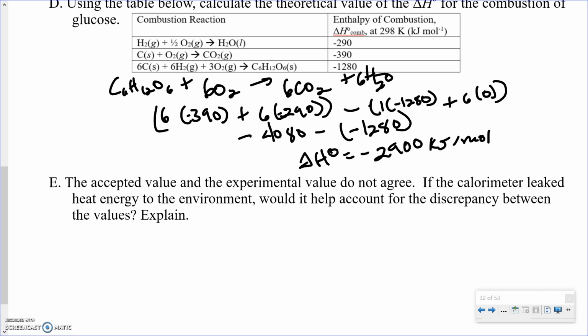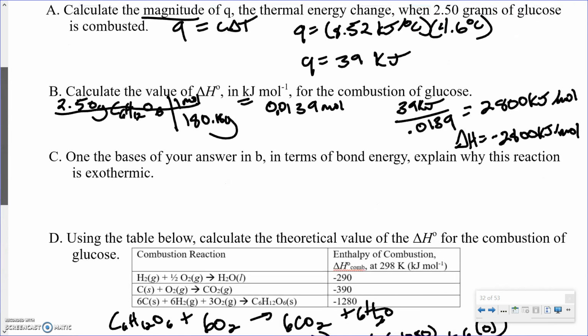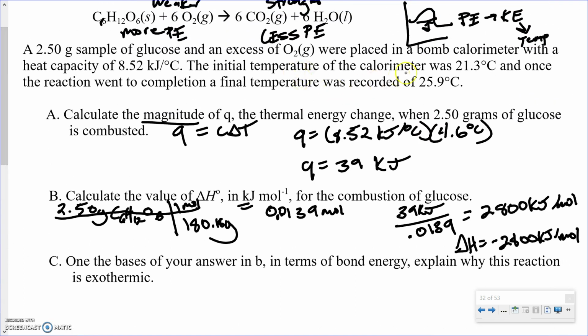Well, your answer is yes here, because if the energy is leaked, what does that do to our calculations up here? Well, if energy is leaked, it means our temperature change is going to be less than it should be. Meaning we got a 4.6 degree temperature change, but it should have been higher. But some of that energy escaped out into the atmosphere and didn't get a chance to change the temperature of the water in the bomb calorimeter. Which means this number should be higher, our Q should be higher, and when we divide by our moles, our delta H should be higher.